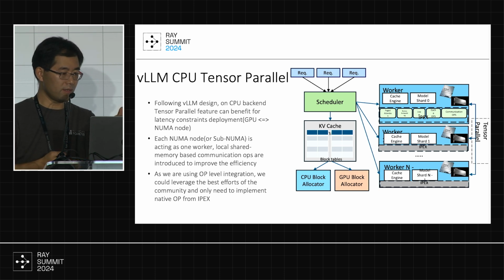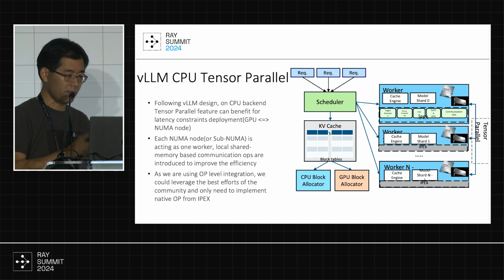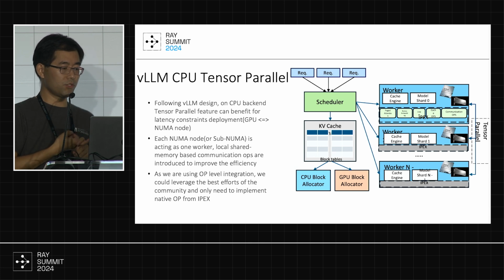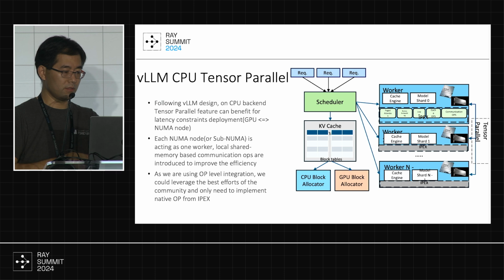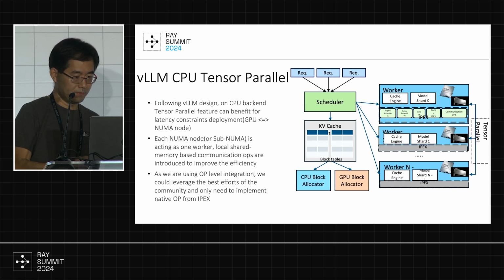In the diagram, from the KV cache perspective, there's a GPU block allocator, and we also need a CPU block allocator. In each of the workers, we put page attention, some linear layer optimization, and some of the communication OPs. That is the same for each of the workers.